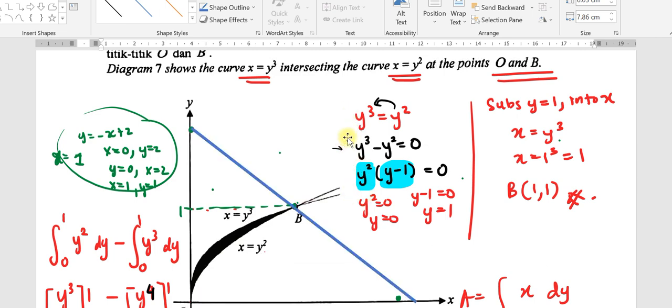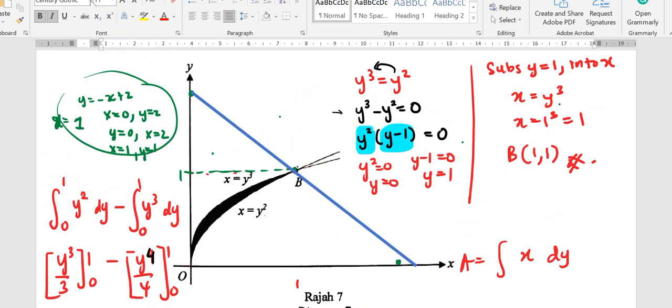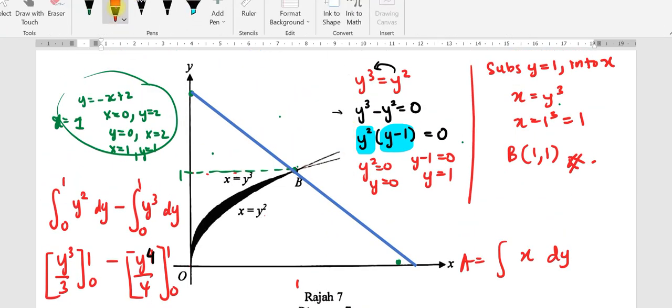Okay, right. So this line is y equals negative x plus 2.